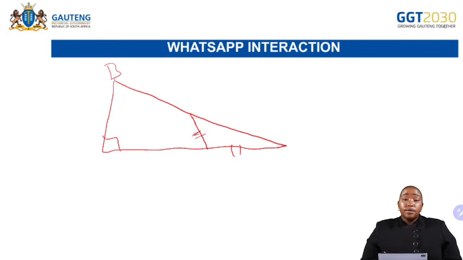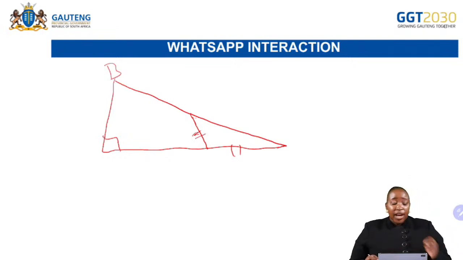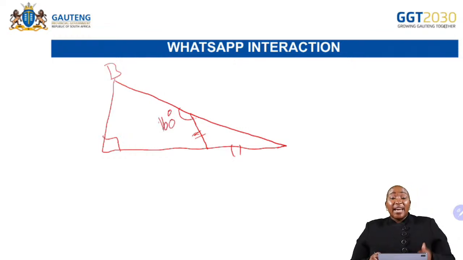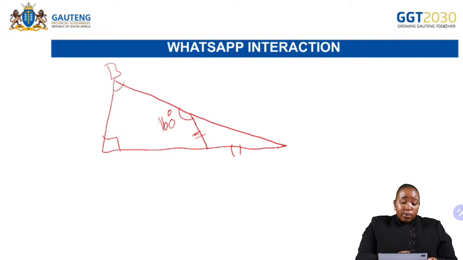You see that? I don't want to use huge angle names here, that's why I'm leaving it plain so you can understand. And this angle here was 160 degrees. You remember that? So to find the angle B there, which is in the big triangle, you first had to use the information you are given, which is 160 degrees, to find this small angle here. Do you see that? Which was angle D.